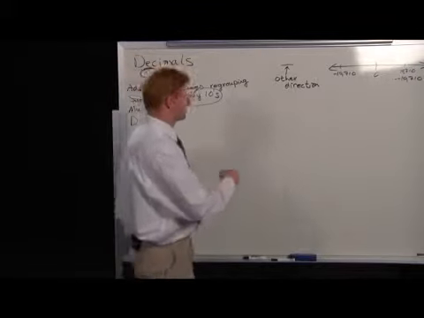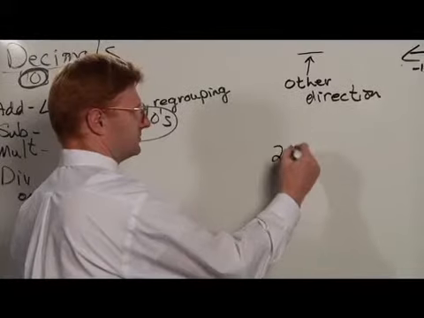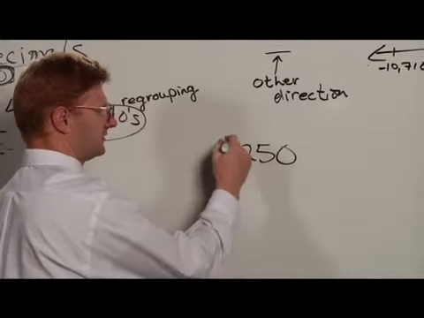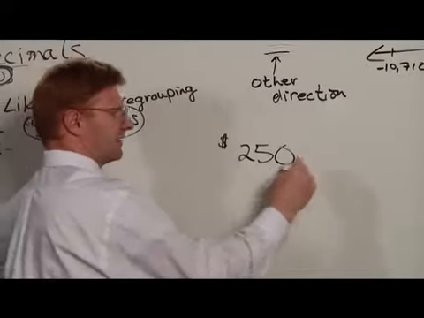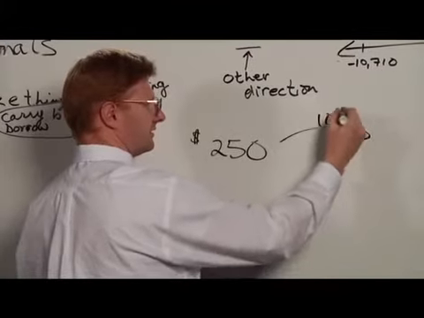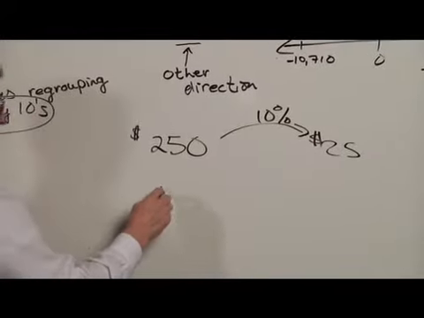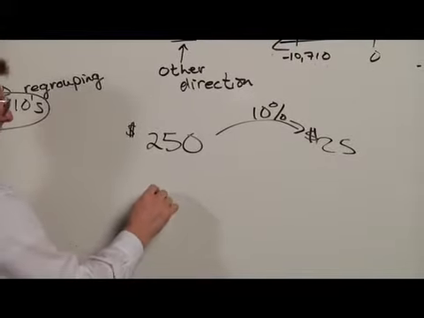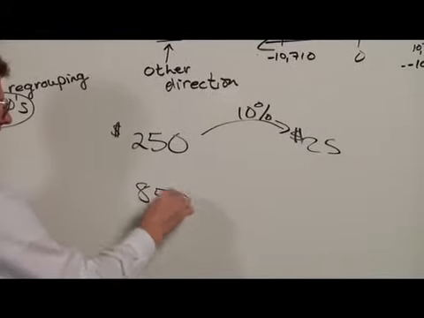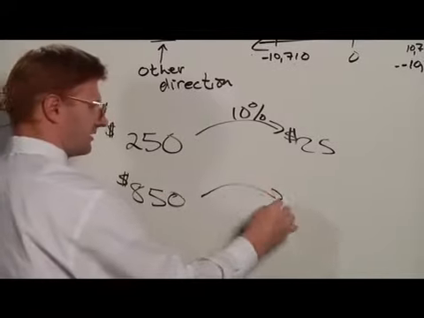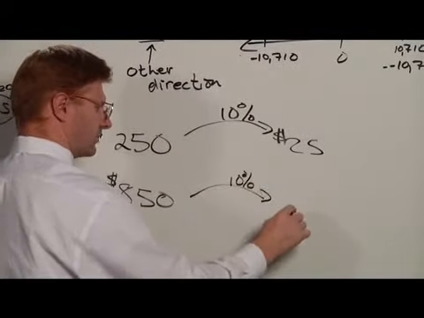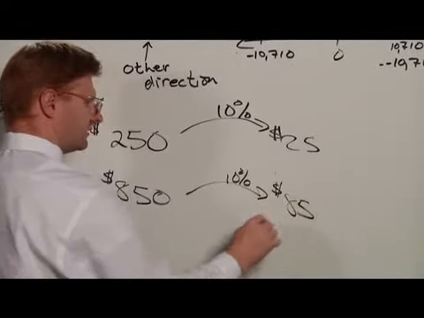So we have that. If someone makes $250, the tithing on this, the 10%, is going to be $25. If you have $850, the tithing here, 10%, is going to be $85.